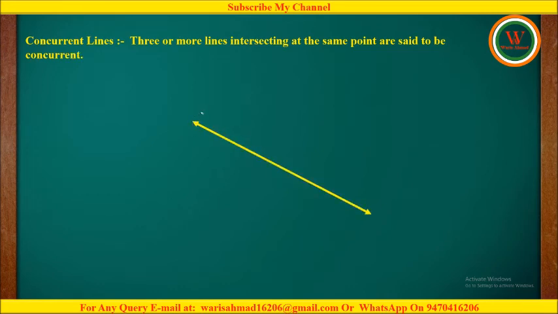Suppose the name of this line is A. Second line, suppose the name of this line is B. Third line, suppose the name of this line is C. So here we can observe that all these three lines A, B and C are passing through the same common point, that is A. Means all are intersecting at a common point. Hence these lines are termed as concurrent lines.